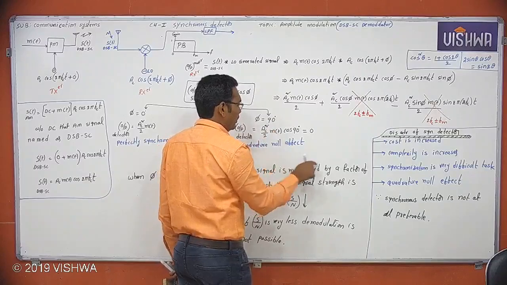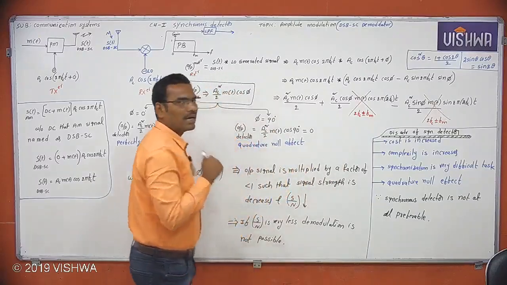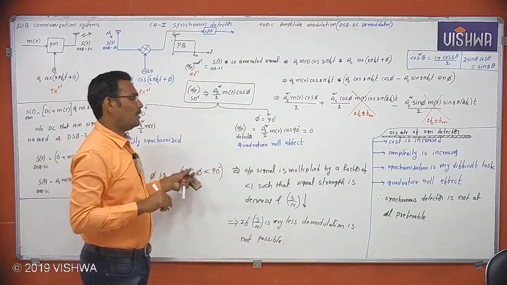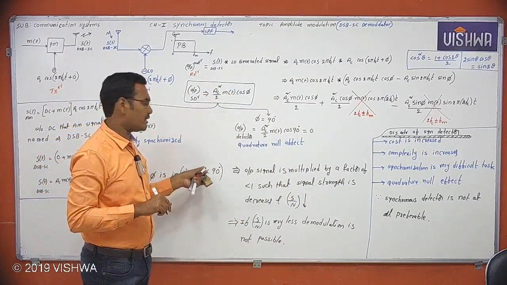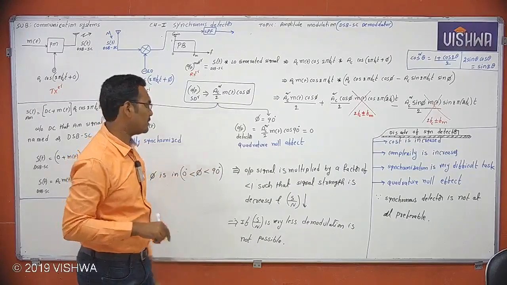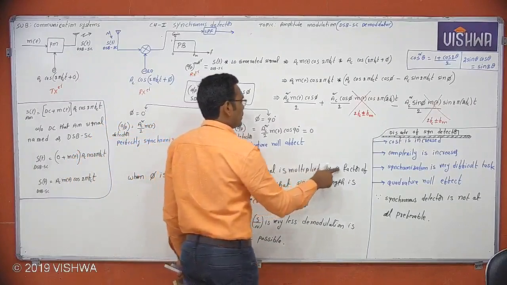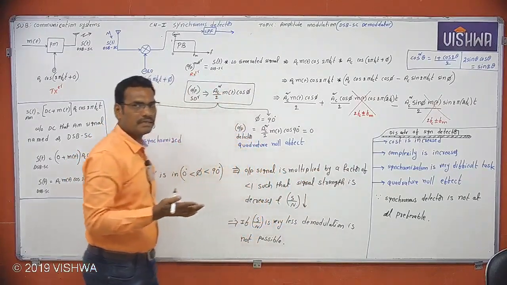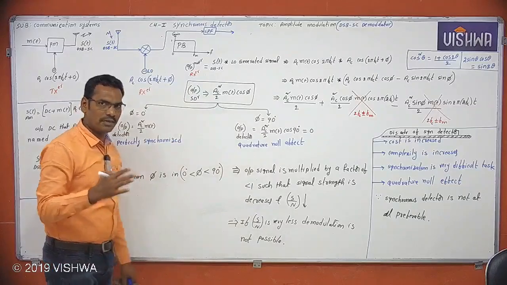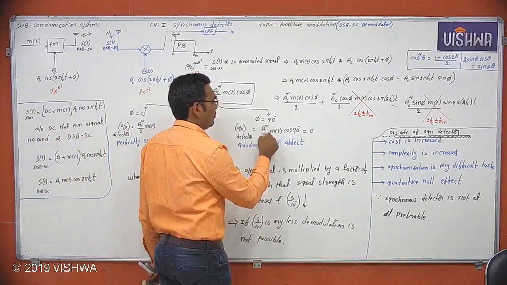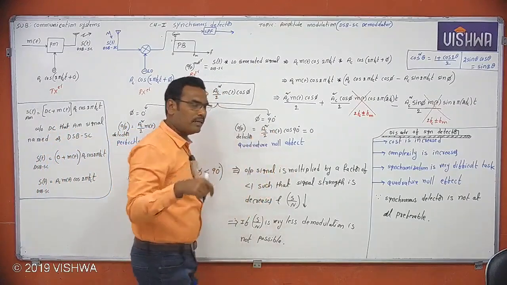The output signal is multiplied by a factor of cos phi, such as cos 10, cos 20, cos 40, cos 45, cos 50, cos 85. So the output signal is multiplied by a factor of less than 1, because cos 90 is 0 and cos 0 is 1, and the signal strength of m(t) decreases.